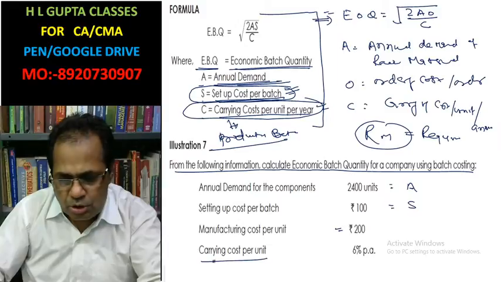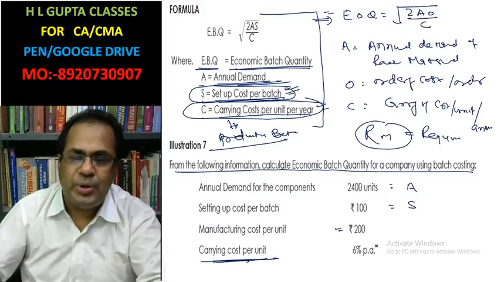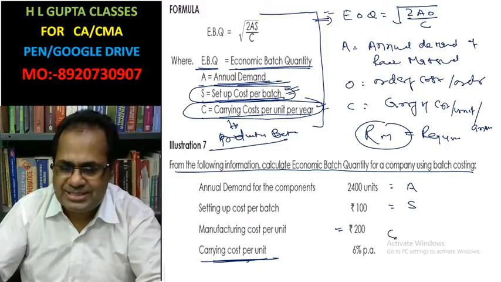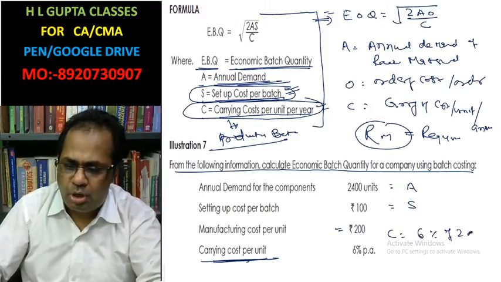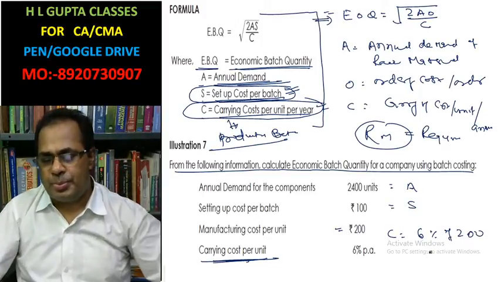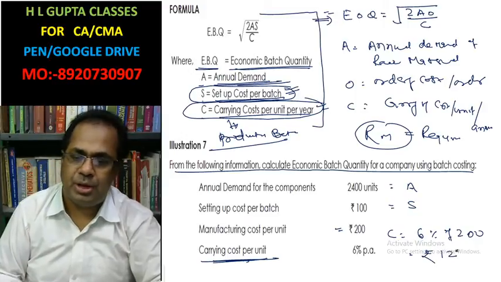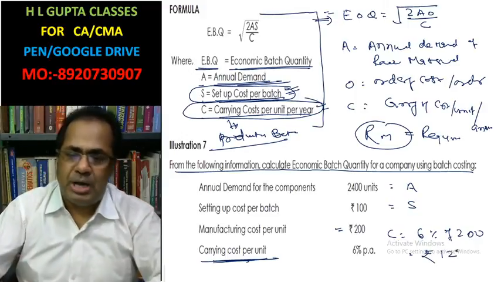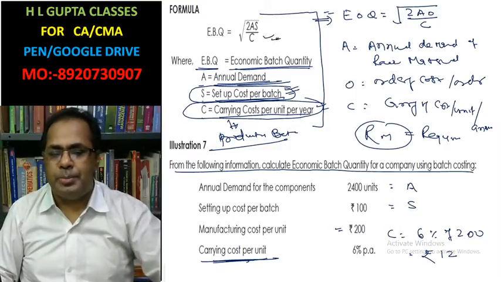The carrying cost per unit is given as 6%. In this case, we have to calculate C. The C is 6% of 200, which will be rupees 12. By using the formula, you can calculate the economic batch quantity.